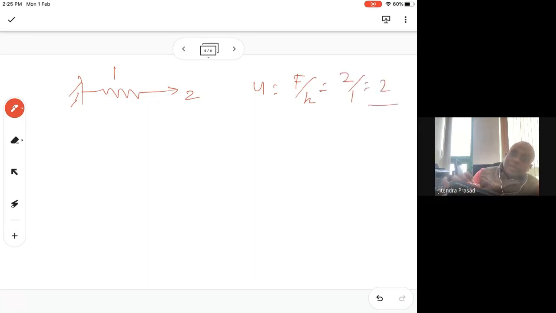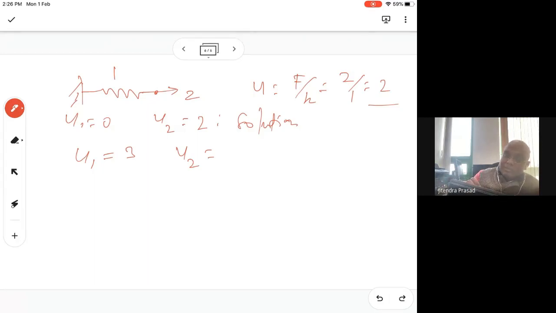So one of the solutions is u1 equal to 0, u2 equal to 2. Now, if we take u1 equal to 3 and u2 equal to 5, this will also solve the problem.